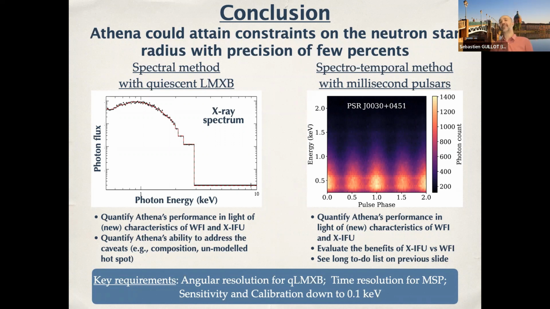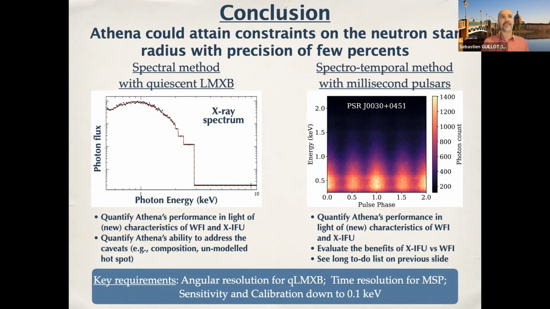I think so. At the moment, pulse profile modeling is definitely more robust, for all the reasons that you mentioned and all the caveats that I talked about for quiescent low mass X-ray binaries. Let's say in 2035, when Athena flies, I think it would still be the case.